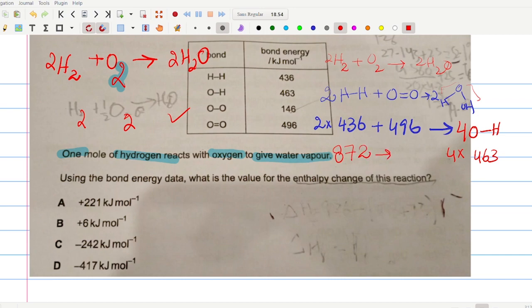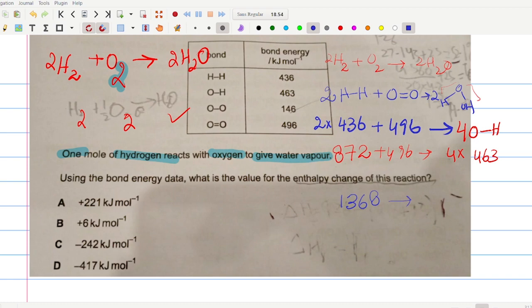And what about the products? 4 multiplied by 463. Then 872 for the hydrogen, 2 multiplied by H-H, plus O2 496. 872 plus 496 is 1368.